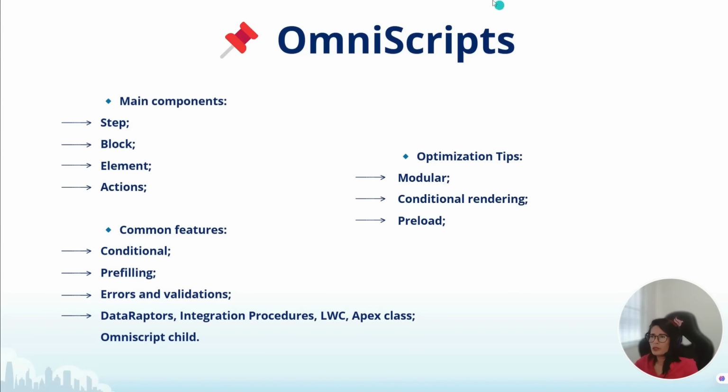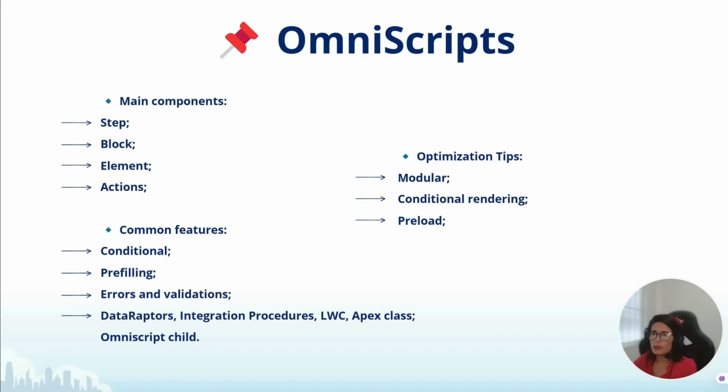Now we are going to talk about OmniScripts. OmniScripts are interactive step-by-step workflows. Think about OmniScripts like a screen flow that guides users through a process. You can fill out a form, you can submit a request. We have the main components.